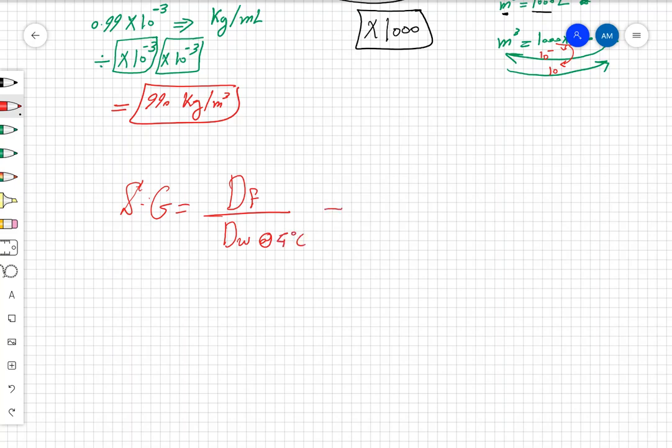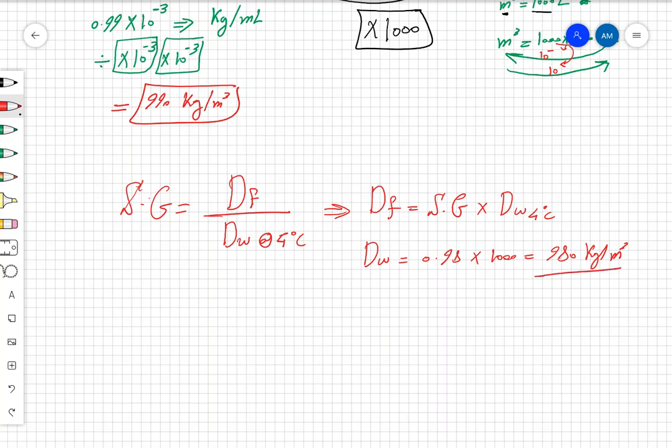So to get the density of the fluid using the specific gravity, you should multiply it by the density of water at 4 degrees. So for water, it is 0.98 multiplied by 1000, and it will be 980 kilograms per meter cube.